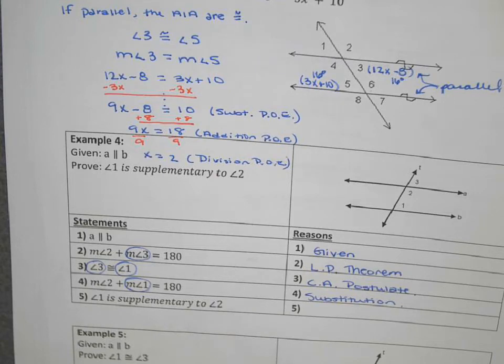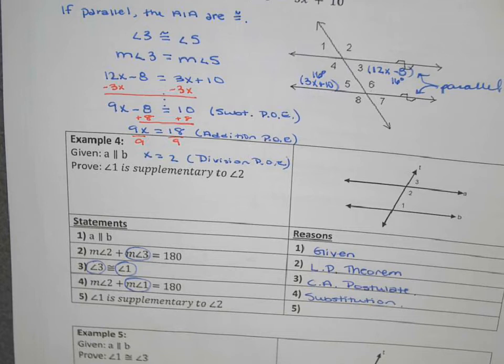I can't use the same side interior angles theorem because that's what I'm trying to prove here. So we're not going to see that in our proof if that's what we're proving. They are same side interior angles, but that's what I'm trying to prove. But why is it if 2 angles add to 180, then they are supplementary?